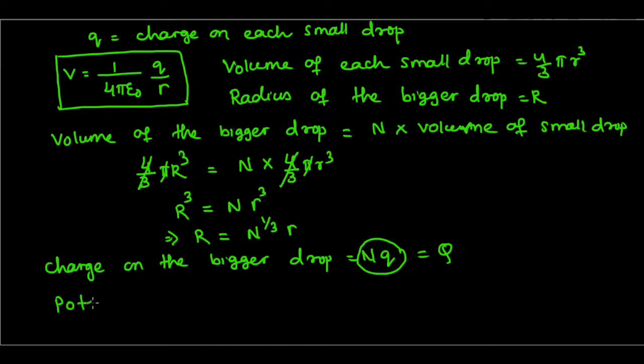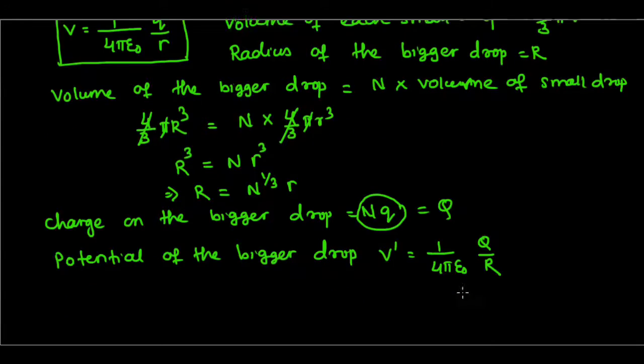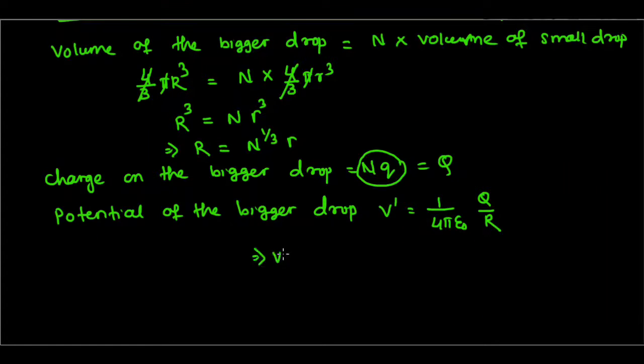Now the potential of the bigger drop, let us say it is V prime. So V prime will be equal to 1 by 4 pi epsilon naught capital Q by capital R. That implies V prime is equal to 1 by 4 pi epsilon naught, in place of capital Q you can write n into small q, divided by, in place of capital R, you can write this value n to the power 1 by 3 into small r.